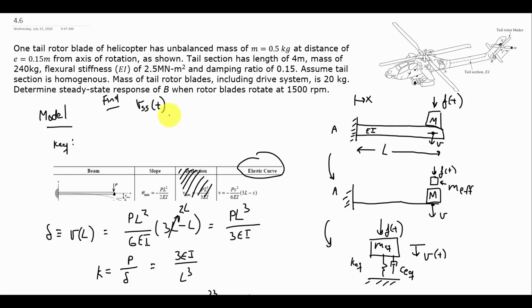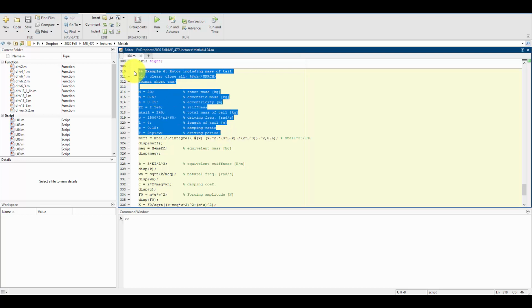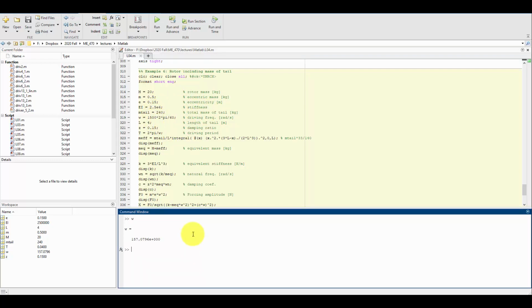Going into the MATLAB, we can just verify some of the calculations that we had done by hand, just to make sure that everything is coming out correctly. So I'll run some of what I have so far here. All right, so I put in the rotor mass, the eccentric mass, the stiffness, some of these other parameters here. Just make sure our driving frequency, once converted, is 157 radians per second. I'm going to come here and calculate the effective mass.